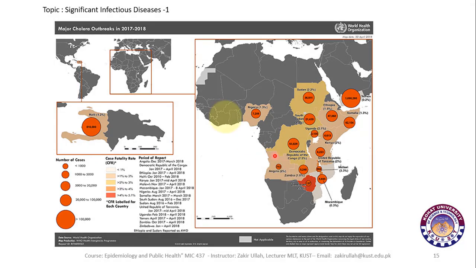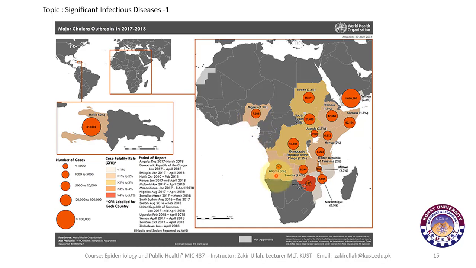This is another map which shows the major cholera outbreaks in 2017 and 2018, covering multiple African areas and their number of cases. This is the Nigerian region, in which the cholera share is 1.3%, and the registered cases were 7,209.